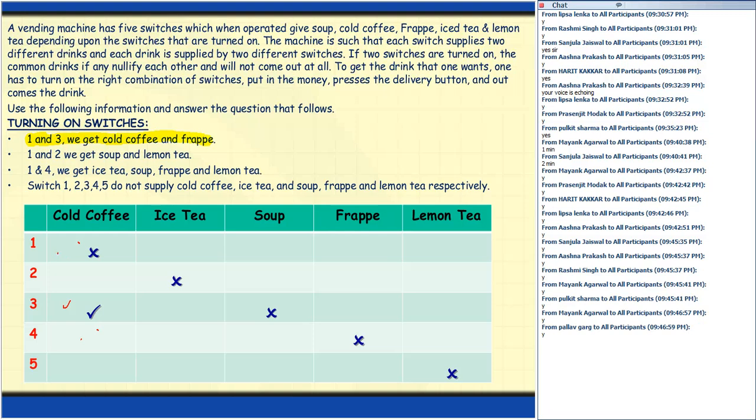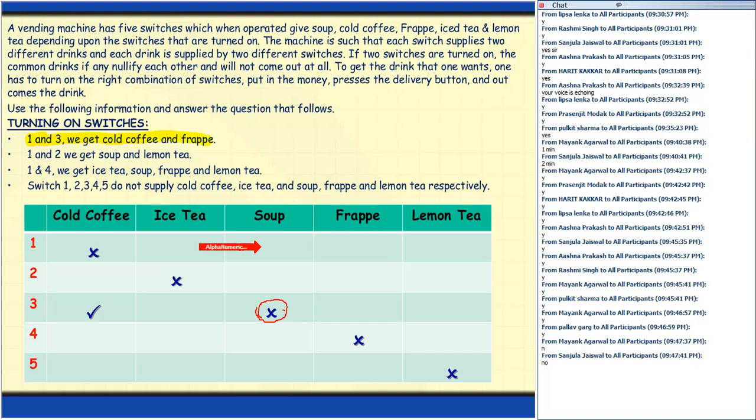Now another thing here, 1 and 3, so I'll focus right now only on 1 and 3. From 1 you are not getting a soup. So from 3, whether you get a soup or not, tell me. Please tell me yes or no. No, that's right.